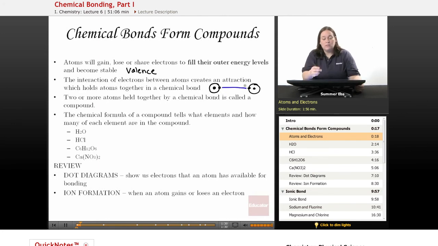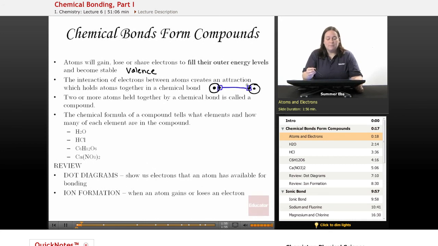What's bringing them together is that force of the electrons, and that's what creates the chemical bond to hold the atoms together. Now those electrons could be shared, which is kind of what I drew here. This one will pair up with this one and they're shared. The other ways are to lose an electron or to gain an electron, and then they create ions, which we did talk about before. We'll get into a little bit more here.